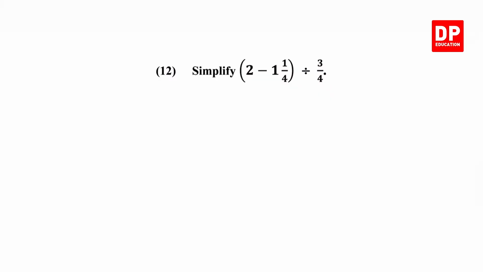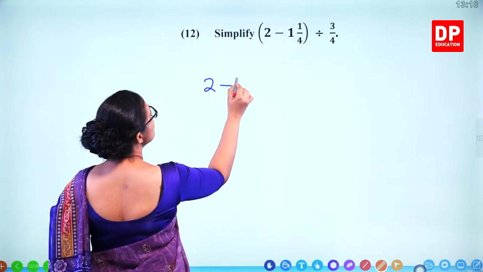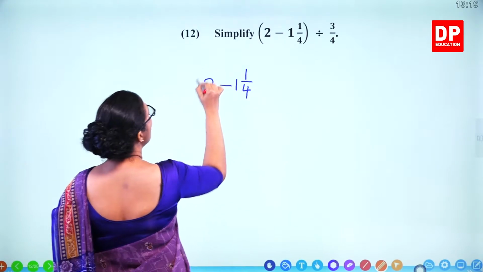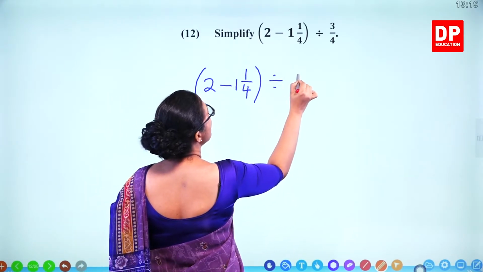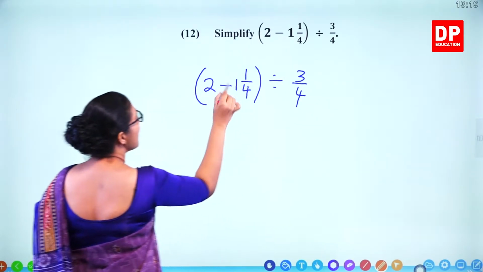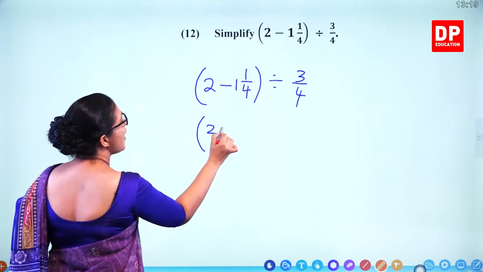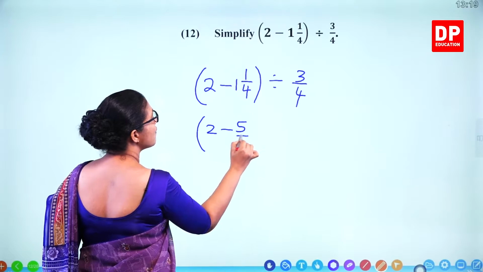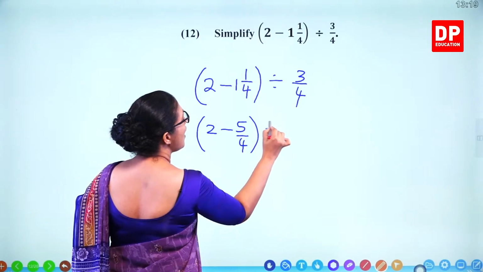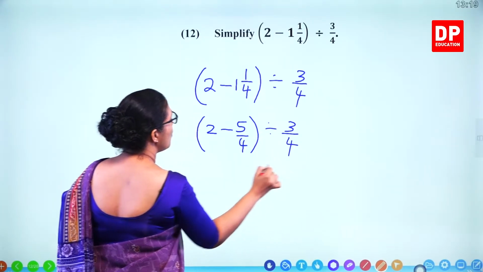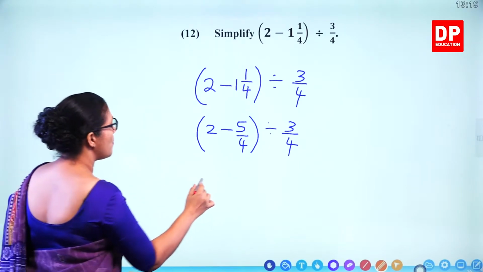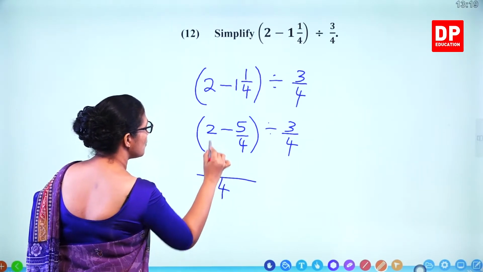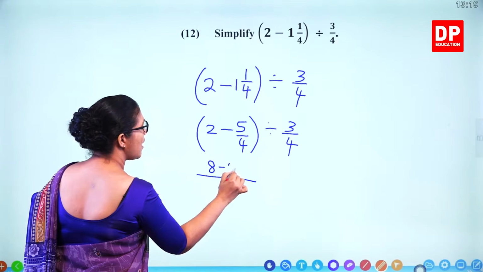Question number 12, simplify. According to BODMAS, brackets first. So first we'll write 2 1 over 4, divide by 3 over 4. So first bracket, you can write as an improper fraction, 4 times 1, 4 plus 1, 5, 5 over 4. Divide by 3 over 4. Now take the common denominator 4, you get 8, 4 times 2, 8 minus 5.